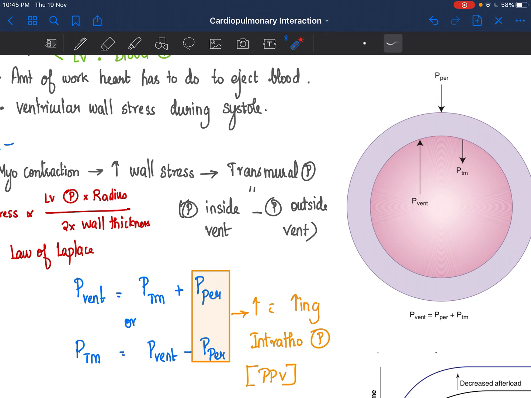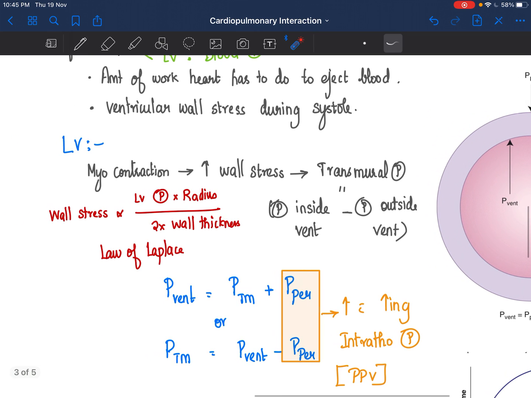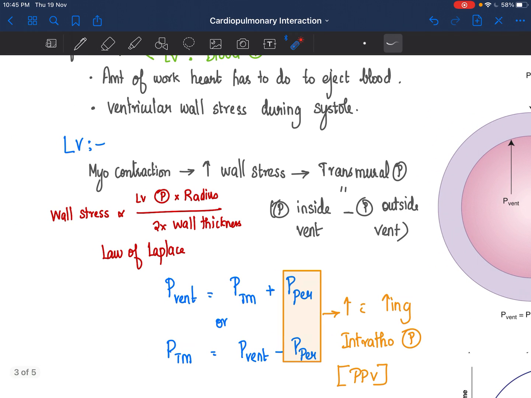Okay. If you want contractions, you want these two to be less than the pressure in the ventricle. But in standard conditions, you want both of them to balance each other, so that the ventricle neither collapses nor becomes over distended. All this wall stress is dependent upon the law of Laplace.